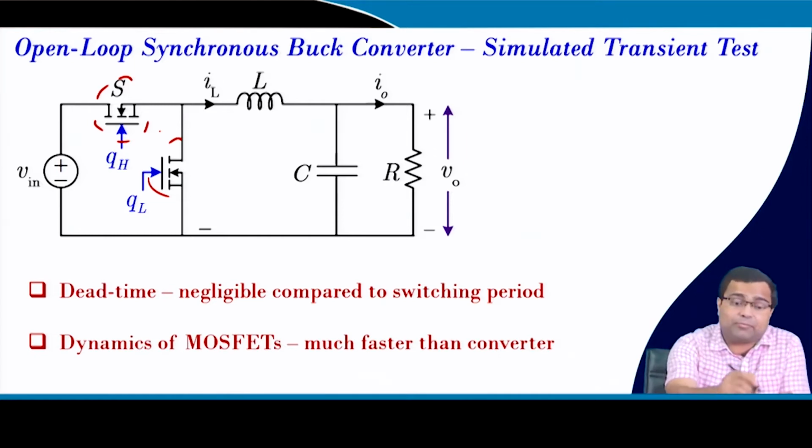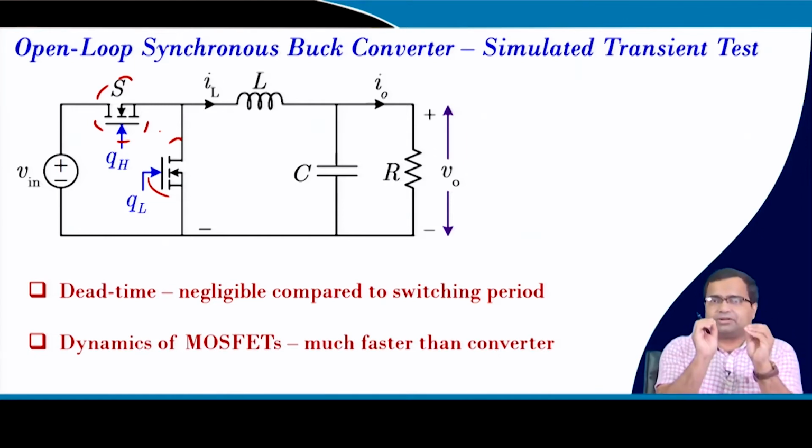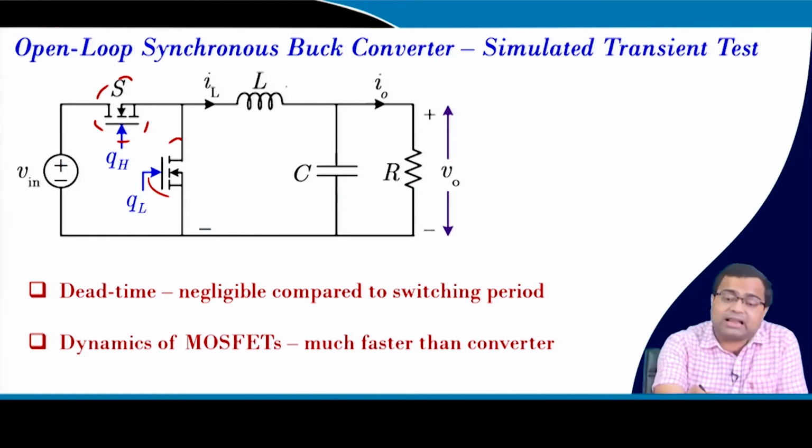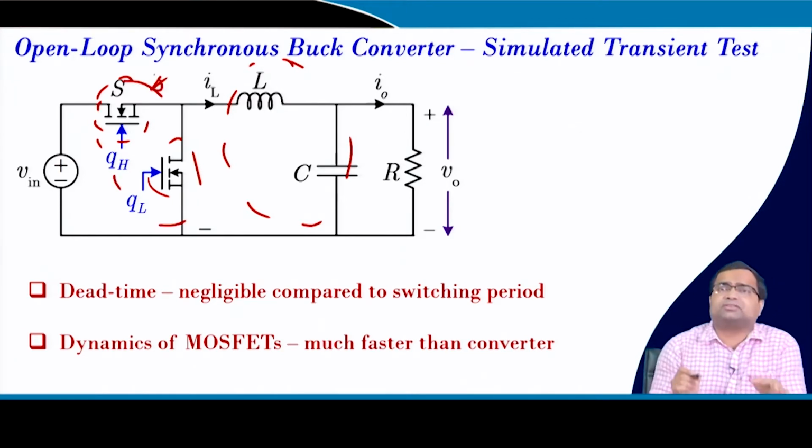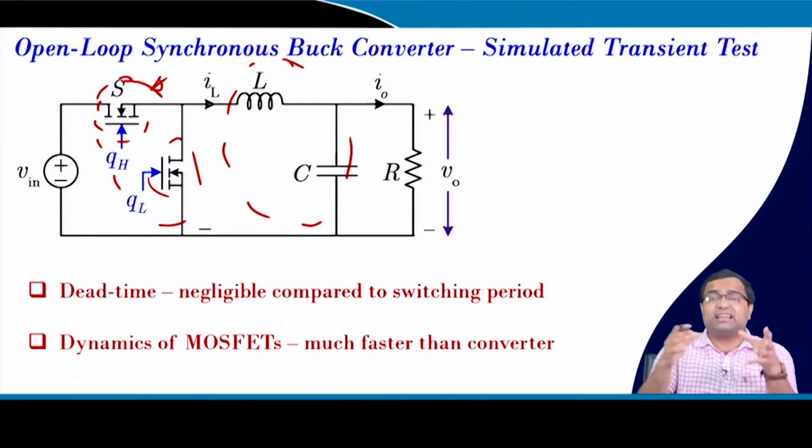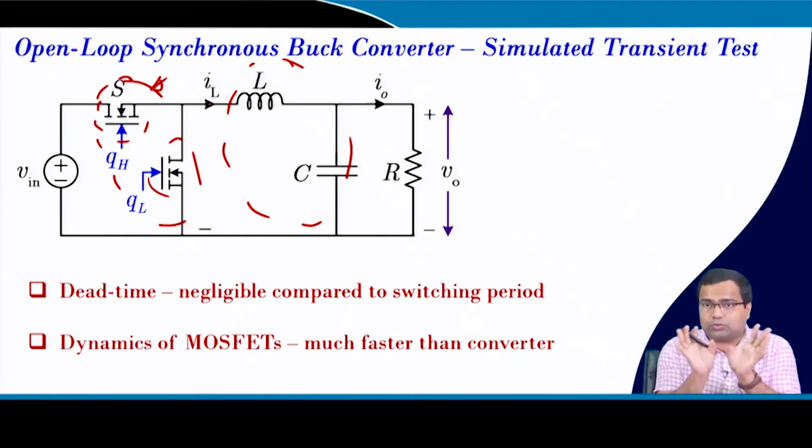We also neglect the dynamics of the MOSFET, because the MOSFET will also have a turn on and turn off process. But if you look at the dynamics of the converter, compared to the dynamics of the switches, the switches are much faster than the dynamics of the inductor and capacitor. So, we can apply singular perturbation theory, where the two systems have a difference in their time scales.